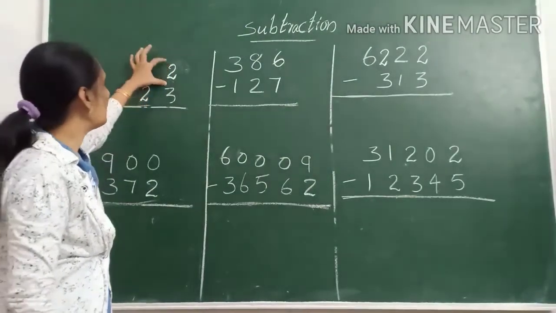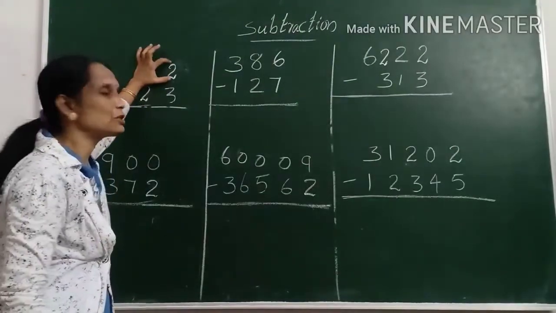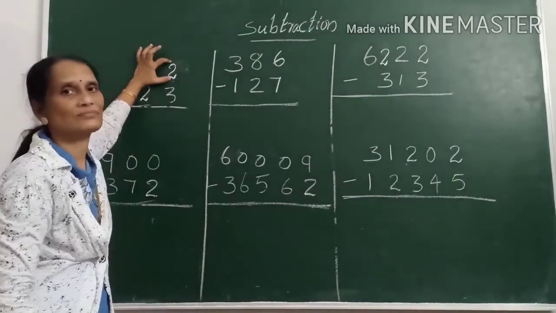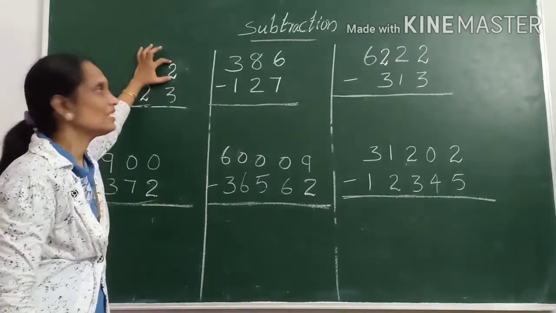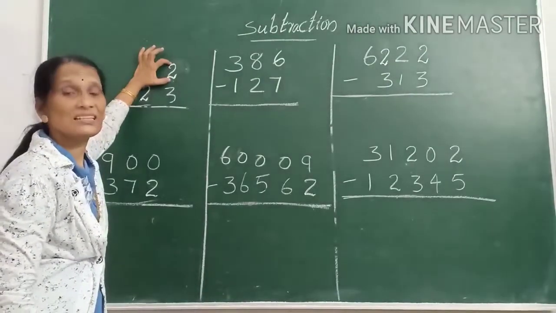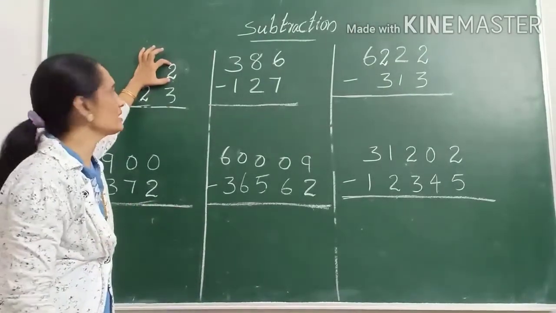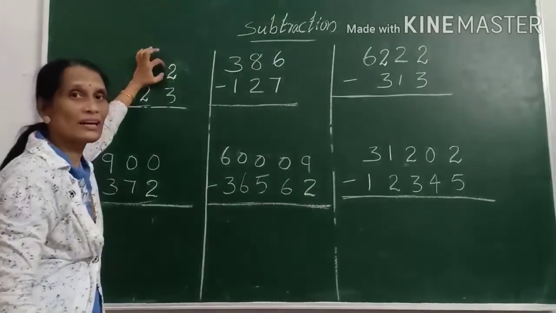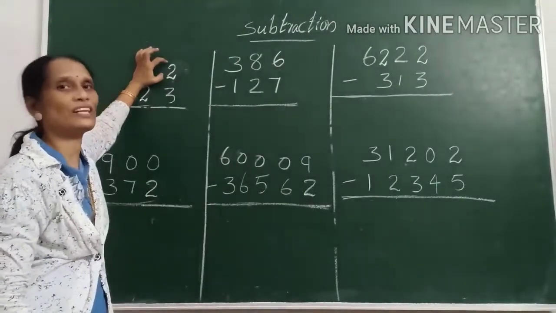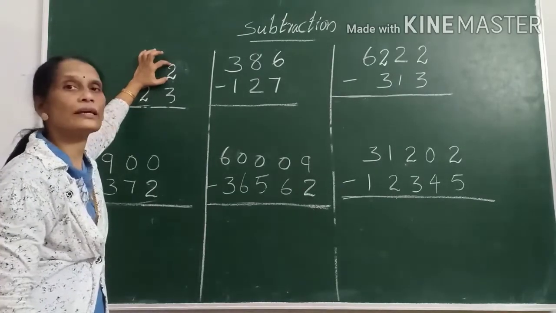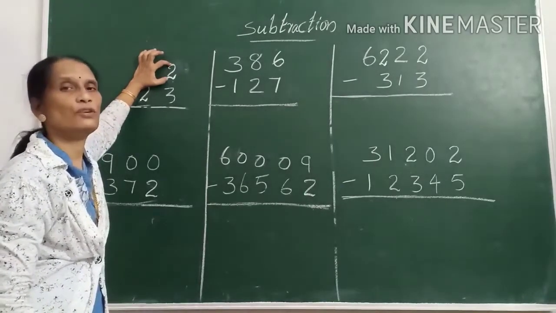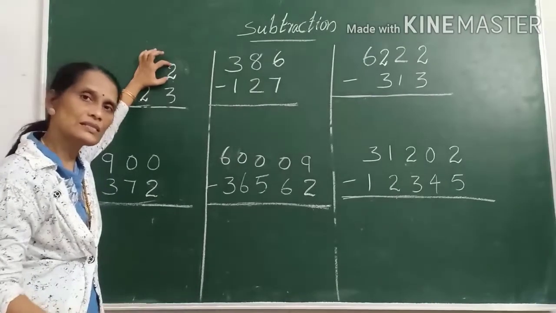So, let us imagine this number 2 as 12. Whenever there is a smaller digit in the minuend, keep 1 at the tens place of that number. So if 2 is there, consider it as 12. If 1 is there, consider it as 11.